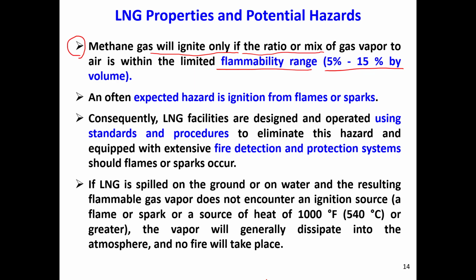And for this ignition, you need a source of fire that usually can be a flame or a spark. Okay. So based on this information, the LNG facilities are designed based on some standards or procedures to eliminate this hazard.